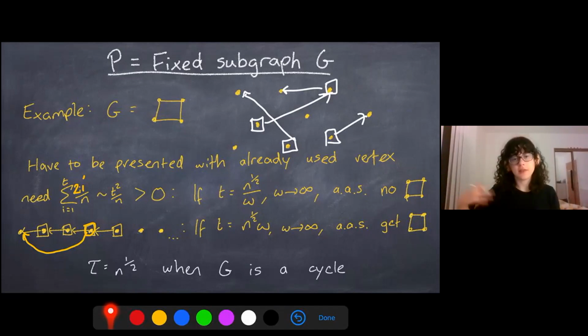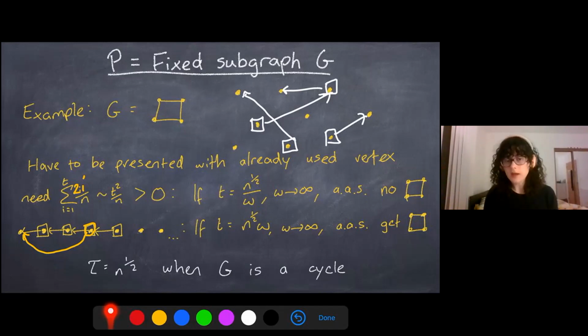And if t is like the threshold times omega, there is some strategy to make the property. If you get confused with what I just said, it's exactly the same as what I've done on this, but for general thresholds. So, okay, we had that for trees, the threshold was like a constant.